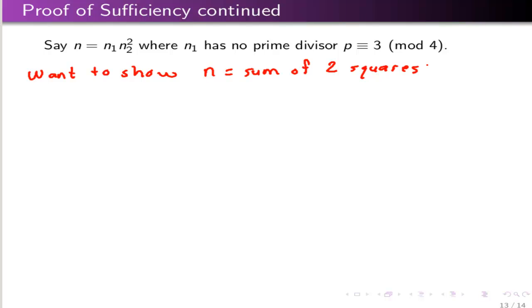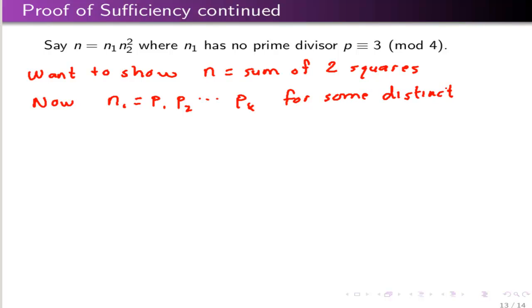And this follows immediately from the lemma we just did. So n1 is going to be of this form, p1 times p2 times pk for some distinct primes. Remember, n1 is the square free part. And none of those primes are bad.